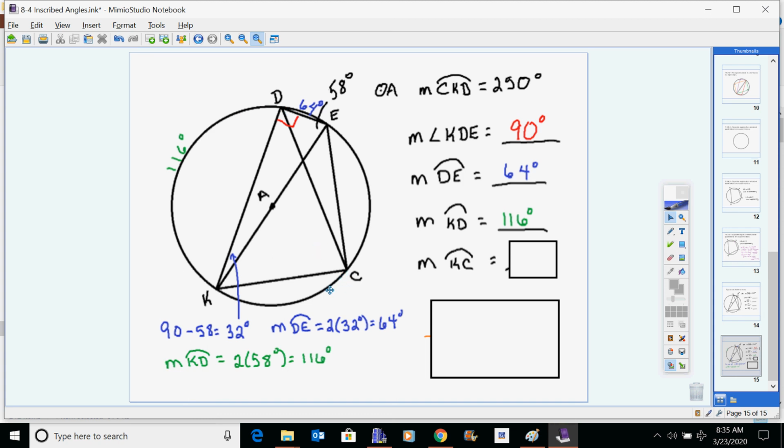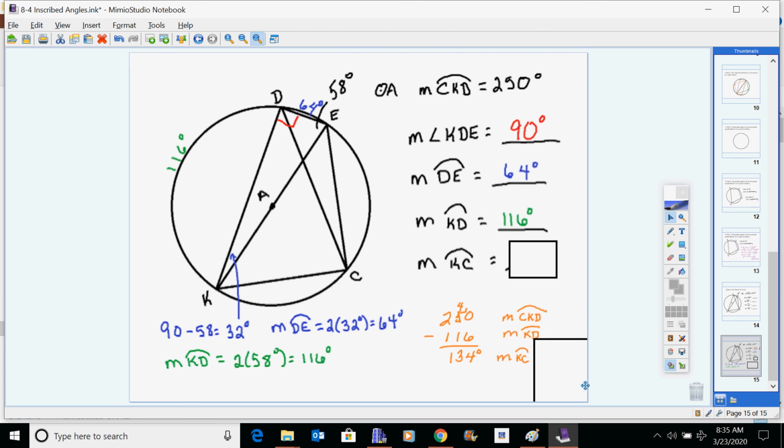So in order to find arc KC, what you would need to do is subtract 116 from your 250, and that'll give you 134 degrees. So your arc KC would have to be 134 degrees.